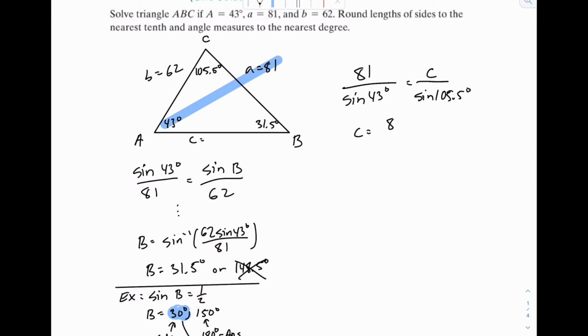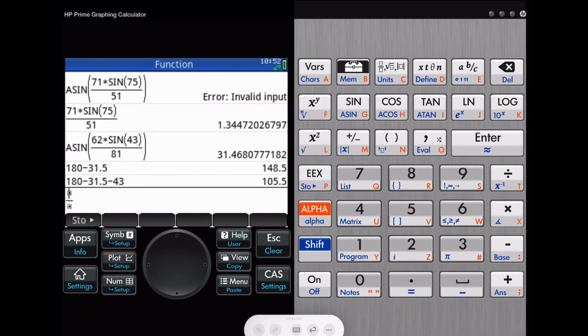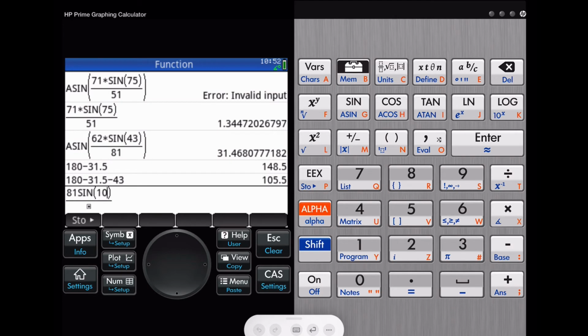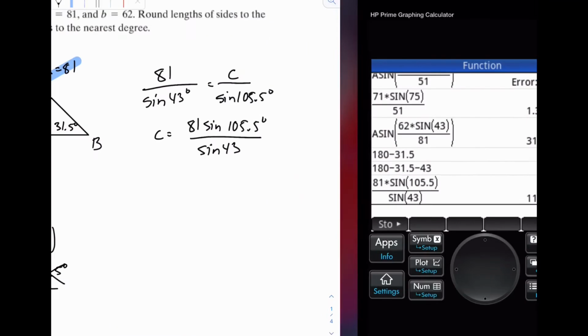So C should be 81 sine 105.5 over sine 43. Let's type that in. 81 sine 105.5, and that is divided by sine 43. 114.45.